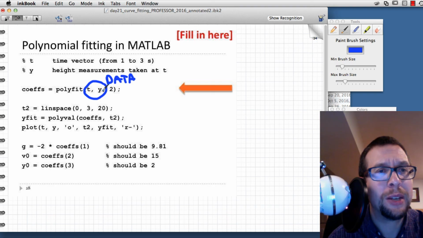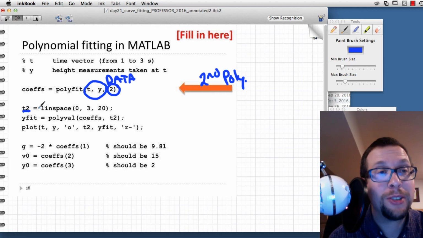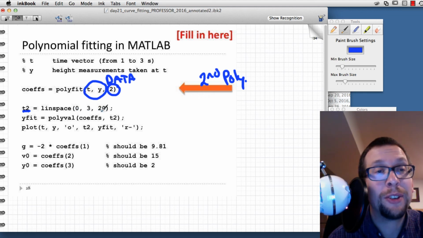So we've got this t and y, our time and our height values, and we're looking for a second order polynomial fit. We also will create a second set of time values, t2, defined as a linear space between time equal to 0 and time equal to 3, and we want 20 individual values between 0 and 3 seconds.